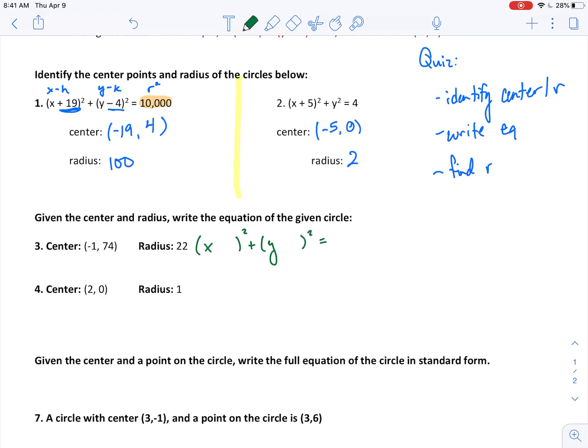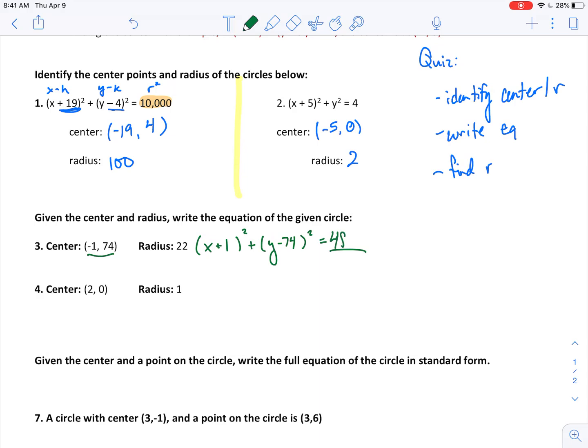Okay, and then we're going to write the equations. Do this in green. x minus h squared plus y minus k squared equals r squared. So again, we're looking at the center here. We're going to change the signs.